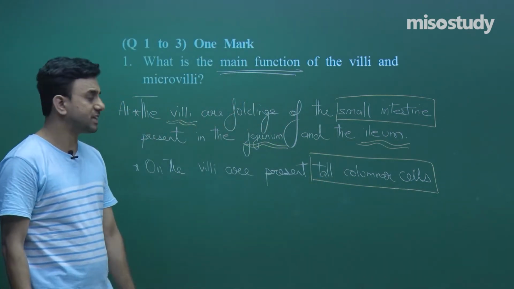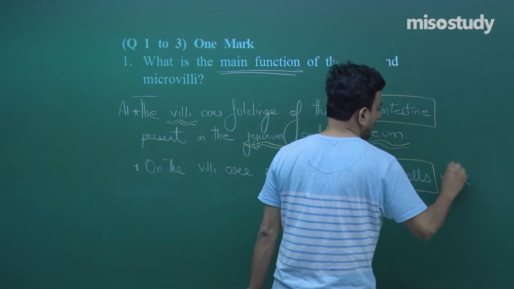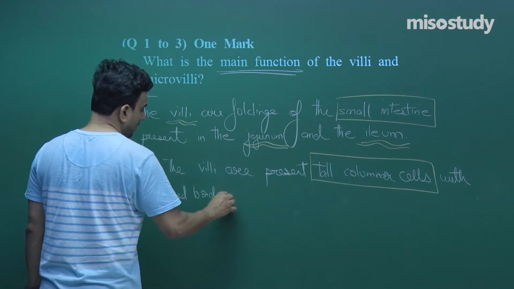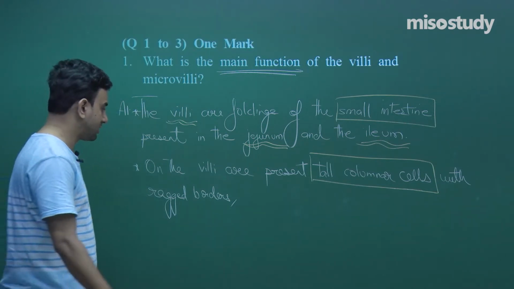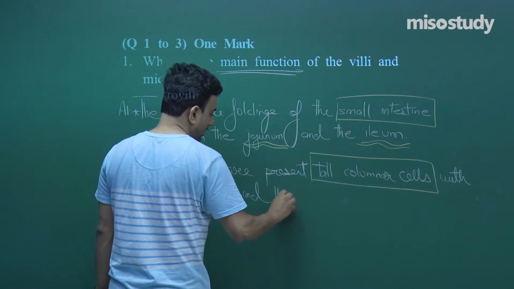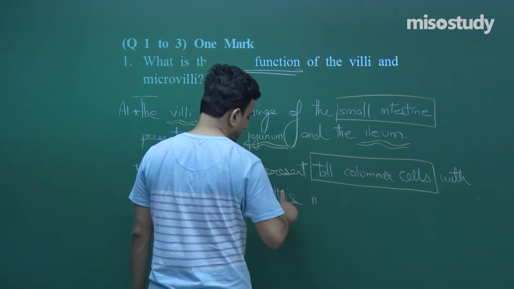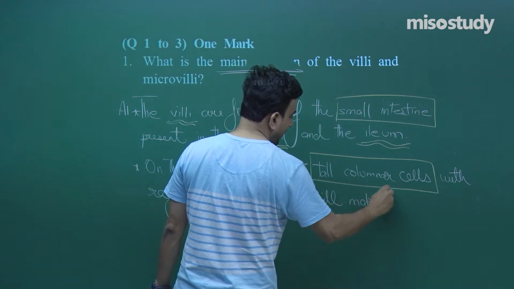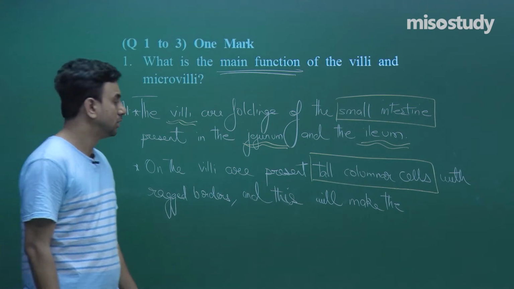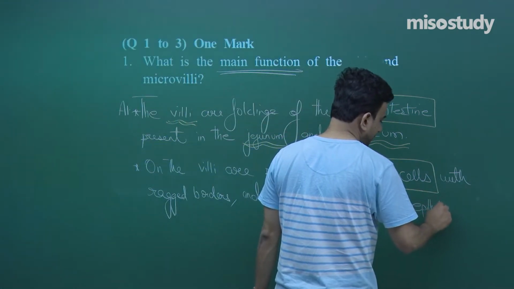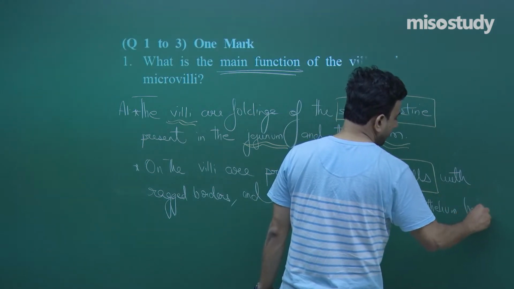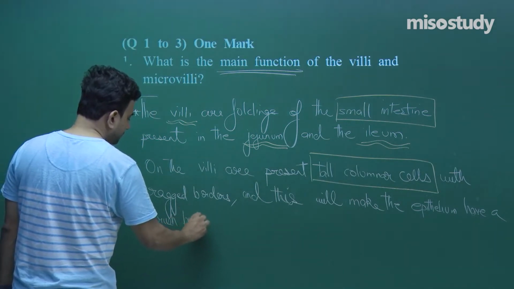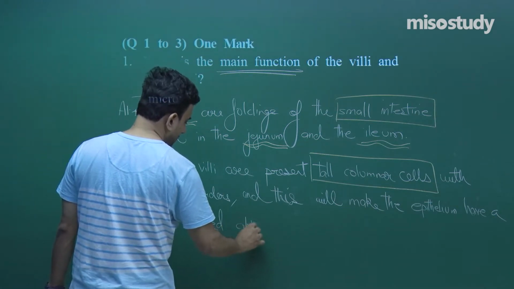On the villi are present tall columnar cells with raised borders, and this will make the epithelium have a brush bordered appearance, right.